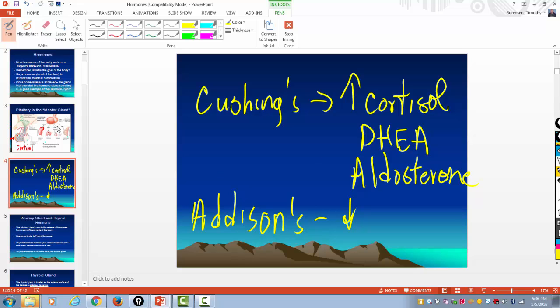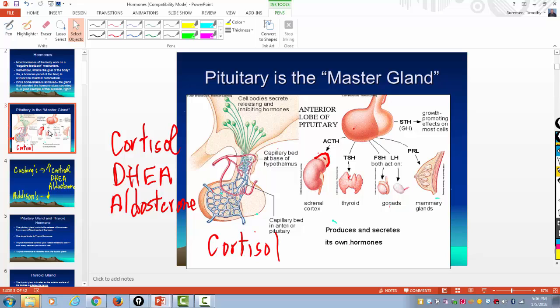So let's go through the anatomy again real quick. Now watch. Remember gland master P, the pituitary gland? The pituitary gland has three lobes really, but two primary lobes that I want to talk about. It has the anterior pituitary, and the anterior pituitary releases many hormones that will stimulate other glands to release their hormones.